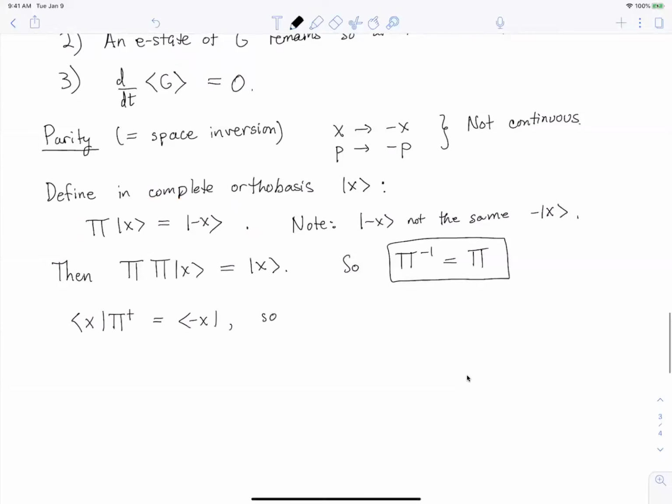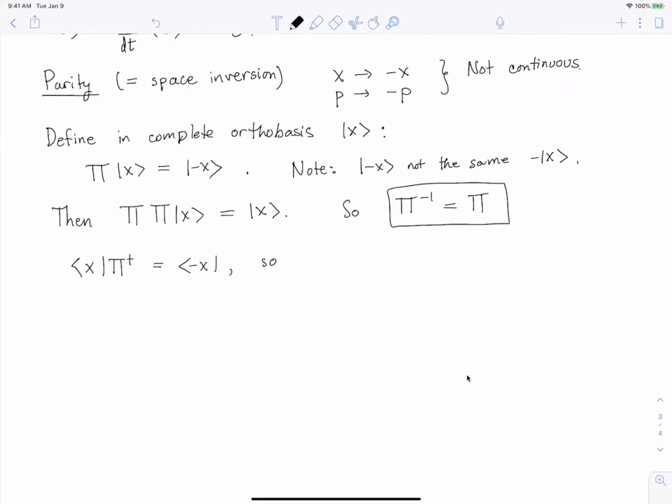And so if we compute the following matrix element, x prime pi dagger x, that's equal to minus x prime x from the previous line, which is equal to, we know how the inner products of position eigenstates work.